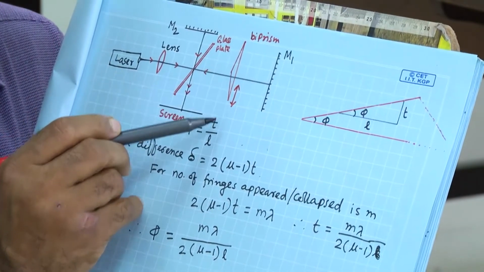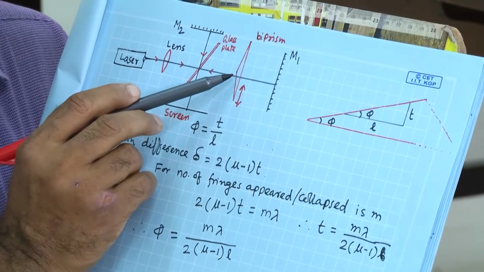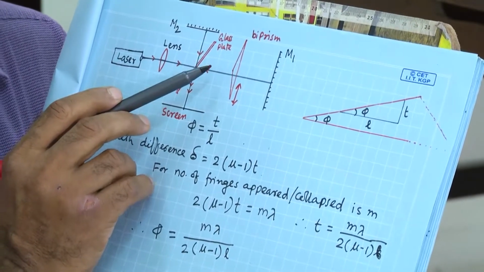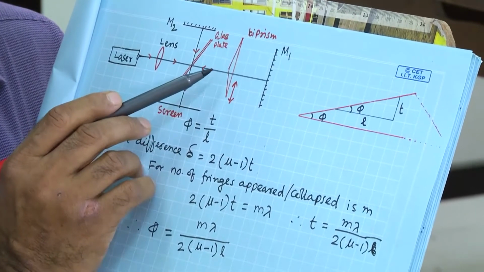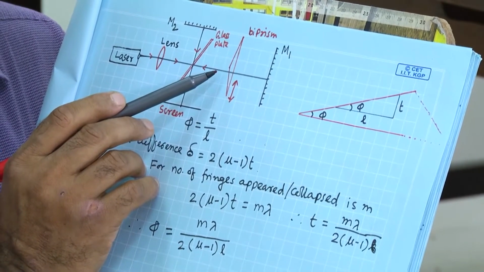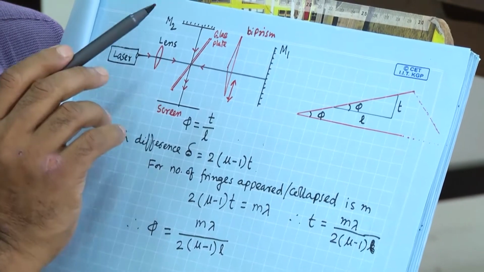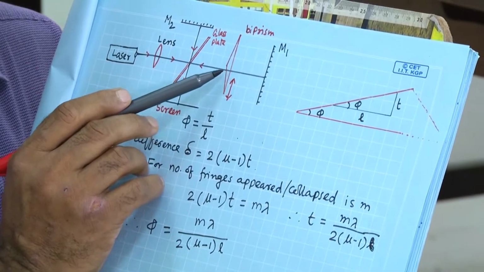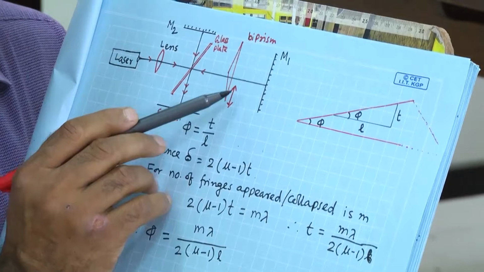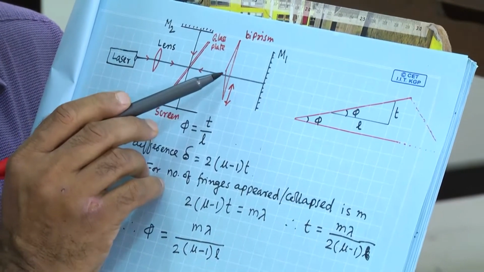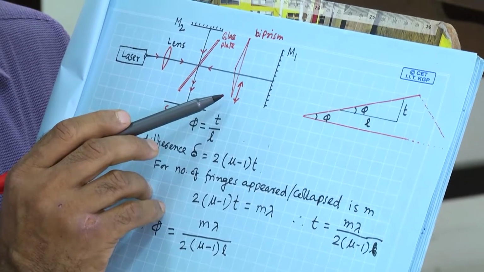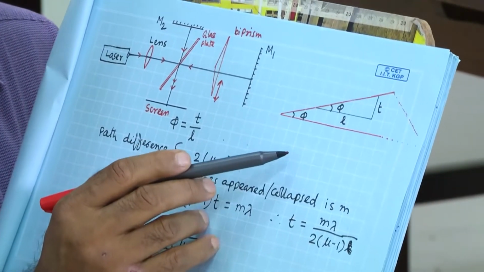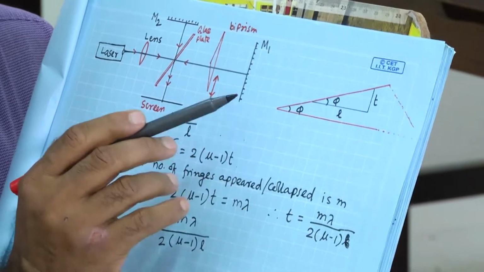If we push it down, t will increase. Okay. So for a particular position of the biprism, we will note down the reading for the position of this biprism. And whatever the central fringe is there, it has some order.